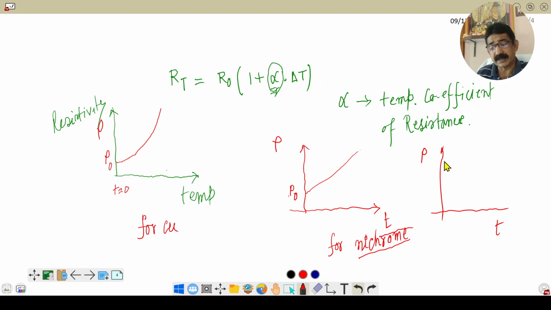And the variation is like this. As temperature increases, the resistivity decreases. So just the opposite phenomenon happens here, in case of semiconductors.